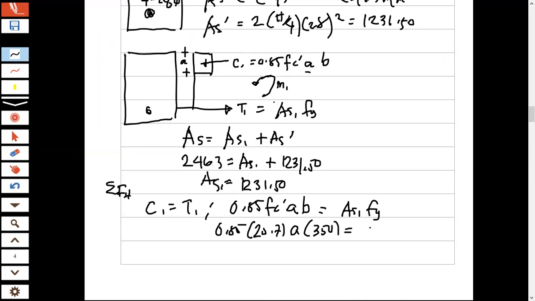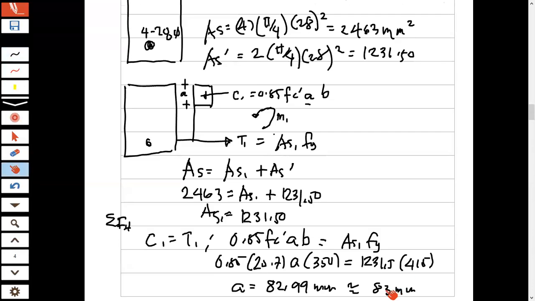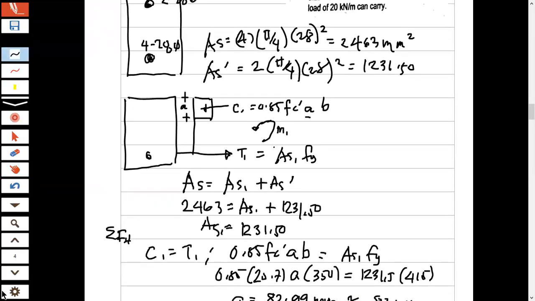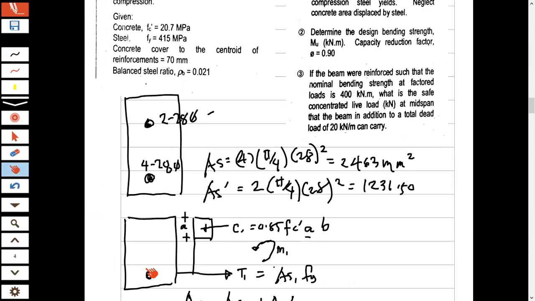AS1 is 1231.5. fy is 415. So in short, we can calculate a equals 82.99 millimeter, or we can say this is 83 millimeters.